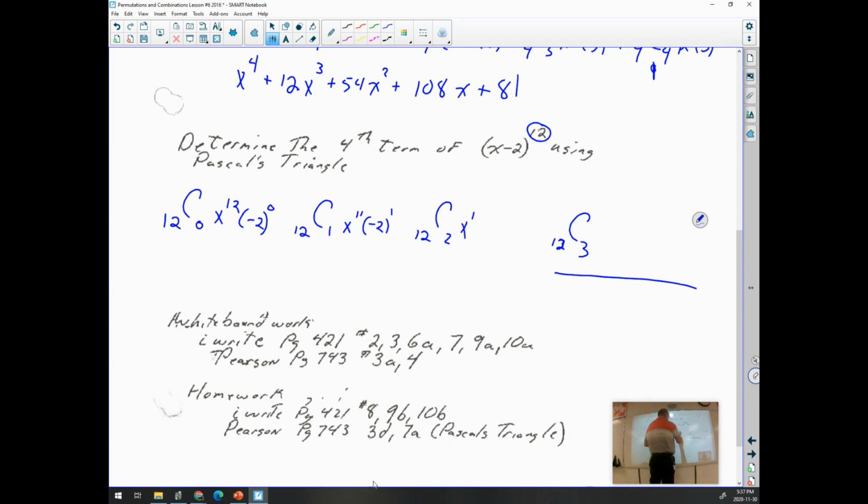This would be x to the 10, negative 2 squared, and this would be x to the 9, negative 2 cubed. I don't care about those anymore. They've got me to where I need to be. I don't know what 12 choose 3 is. I'm just going to grab a calculator. There it is.